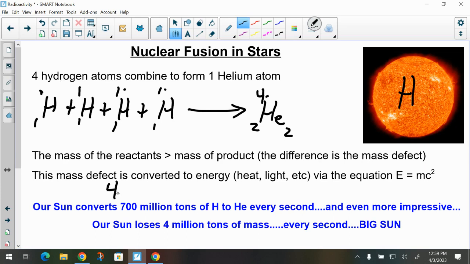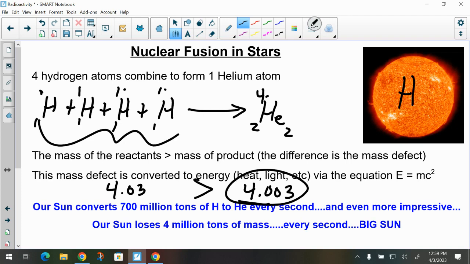It turns out this is 4.03. If I add the mass of these together, it's 4.03, and this over here is 4.003. And the numbers themselves don't matter, but you can tell that this over here is less. So what happened? Well, some mass was lost. So it turns out we say plus lost mass.